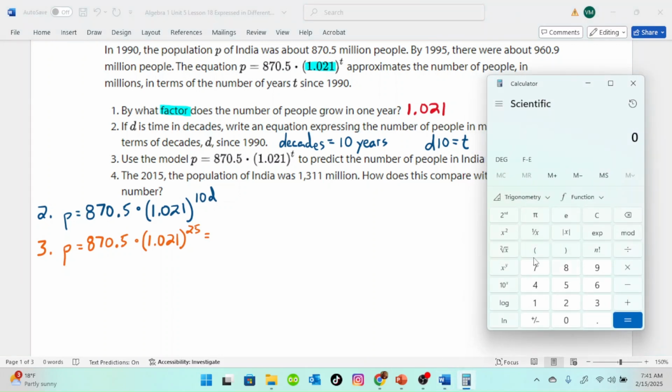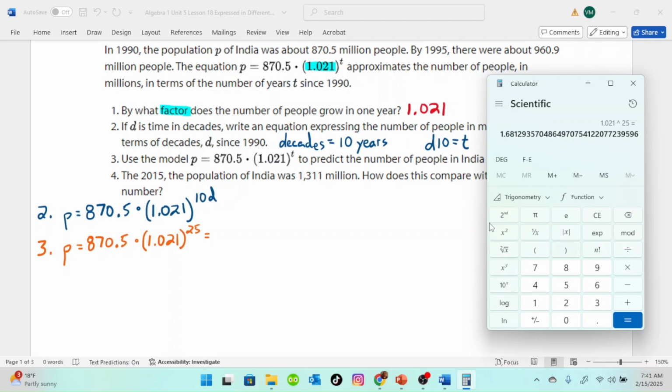So in a calculator, you're going to say 1.021. You're going to use this button right here that shows x to the power of y. And you should see this little upward pointing arrow. And you're going to tell it that your exponent is 25. And then hit equals. This decimal, 1.68, is representing the growth factor multiplied by itself 25 times.